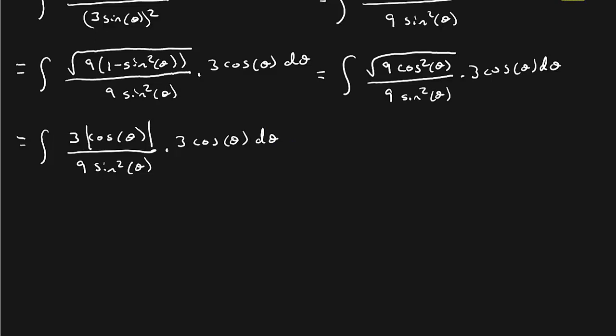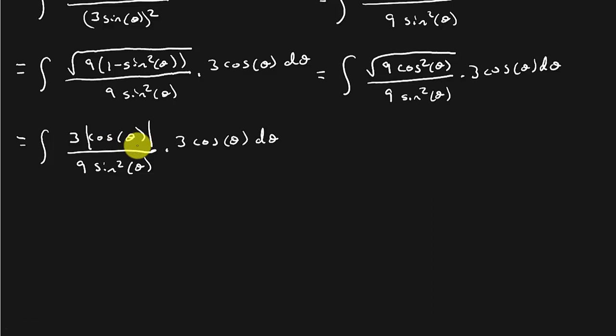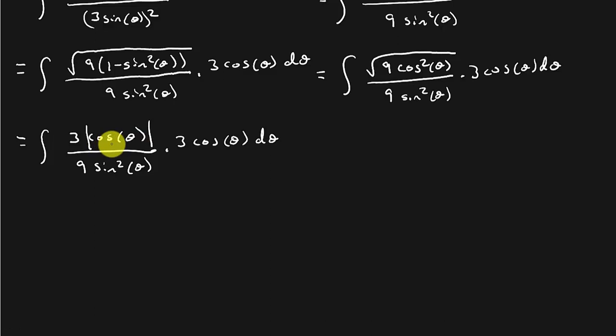So what's the deal with absolute value? Remember, I'm going to explain it in detail on this problem, and then the rest of the problems are similar to this. So why absolute value? Well, remember, when you take the square root of something, you get a positive answer, right?